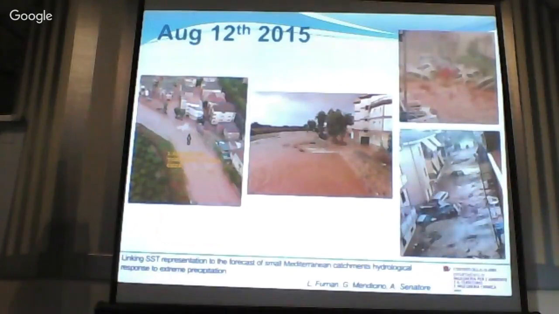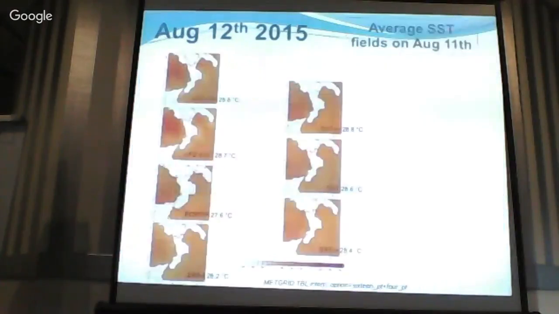That is what happened. Anyway, the precipitation is relevant because 160 millimeters in 12 hours is not light precipitation. What we did with our experiment? We considered the original fields of sea surface temperature, and then we considered the high resolution fields and their standard deviation.